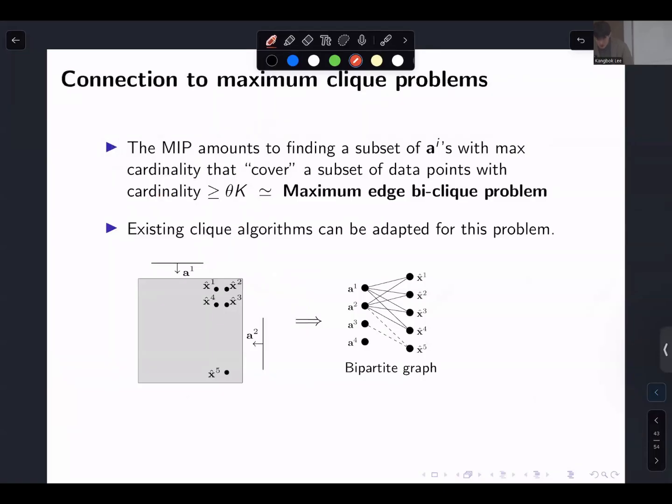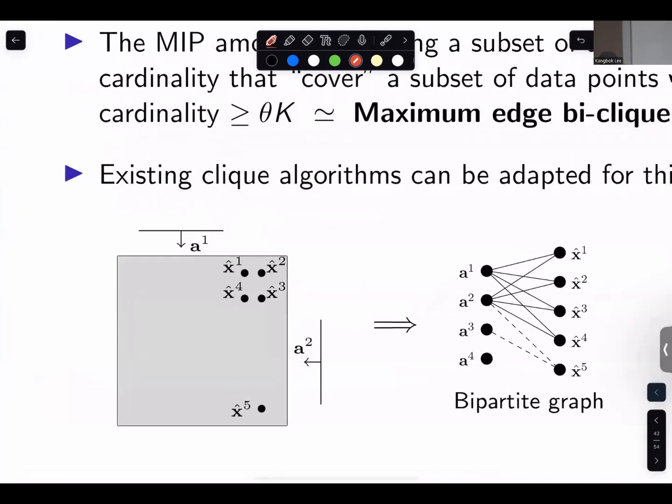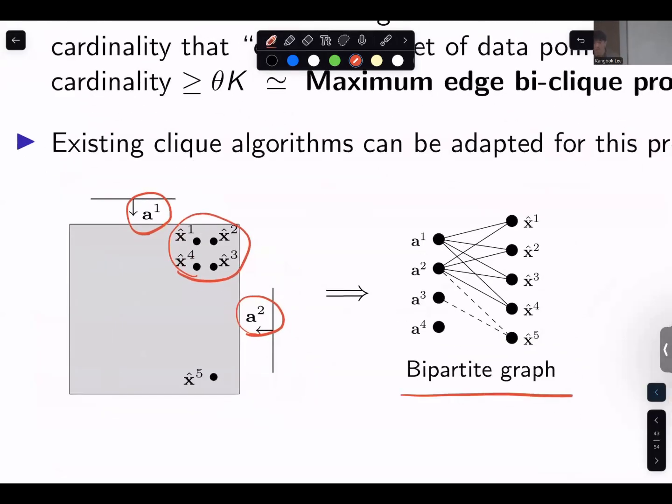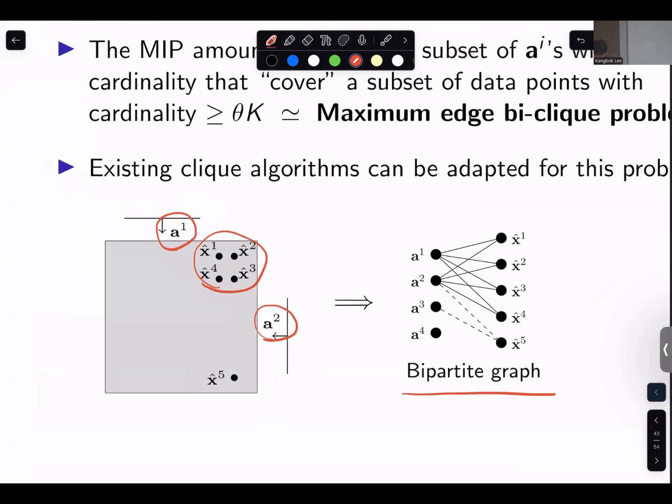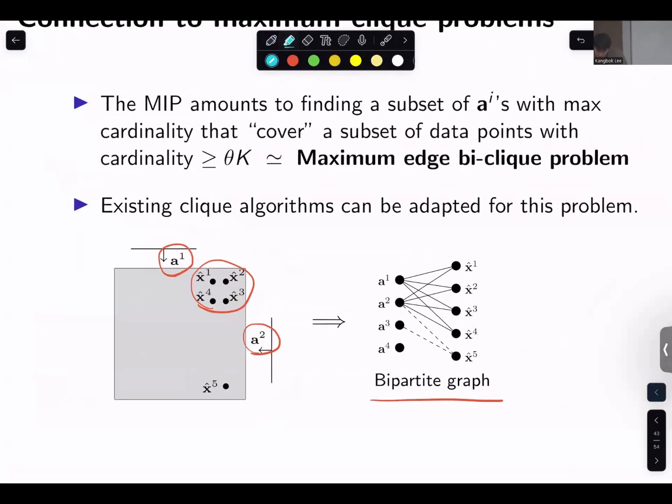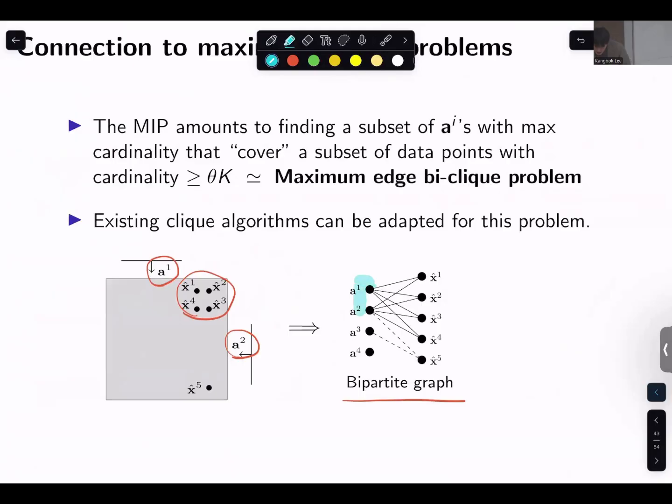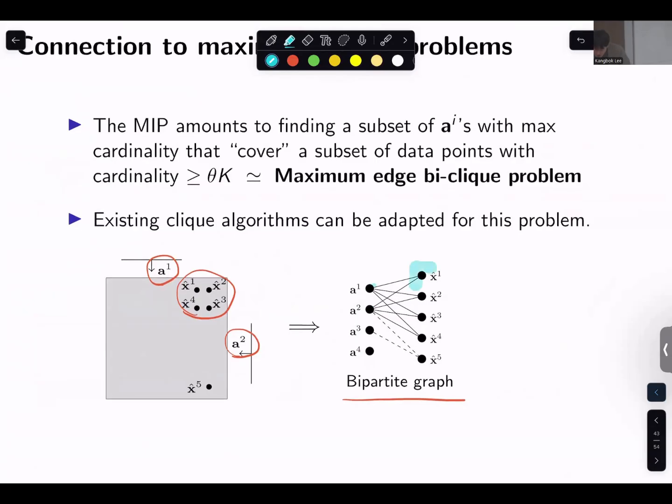To the next part of this work, where we actually view this problem as a maximum edge biclique problem. What that means is, as I told you, it is always just matching some data points with some of the hyperplanes or the corresponding vectors. So you can express this problem in this kind of bipartite graph setting. The goal becomes trying to find a subset of AIs, a subset of the constraint vectors, with max cardinality that can cover some data points.